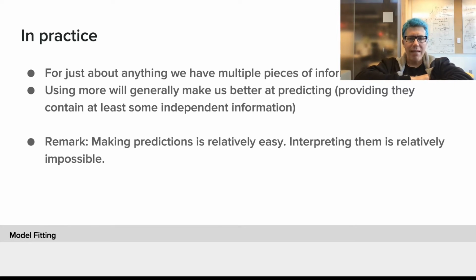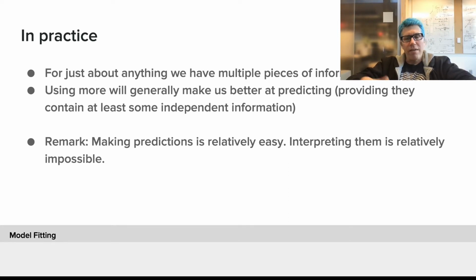So for just about anything, we will have multiple pieces of information. If we want to make predictions, it will generally help us to have more kinds of data. Using more data will generally make us better at predicting. Of course, that's only true if multiple pieces of information don't share all the data.